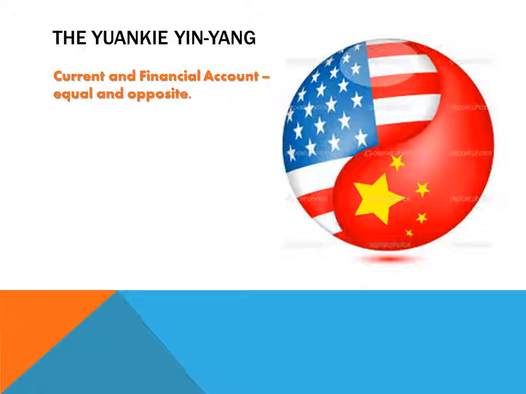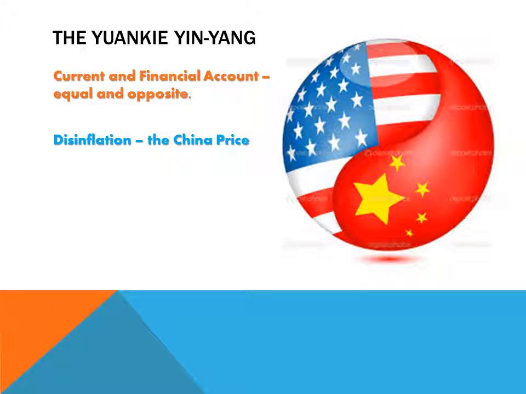So to say that America spends a lot more on imports than it earns on exports is the same as saying America receives an enormous excess of inflows on its financial account. And similarly, China, with its massive surplus, has got a huge deficit on its financial account. And the connection between these two is absolutely key to understanding the extract here.